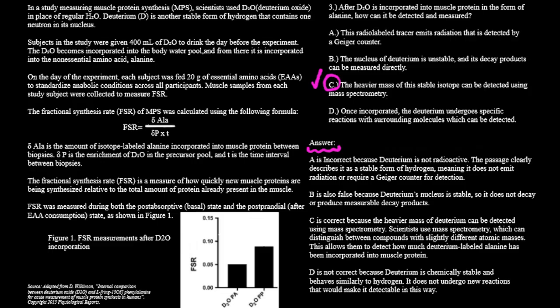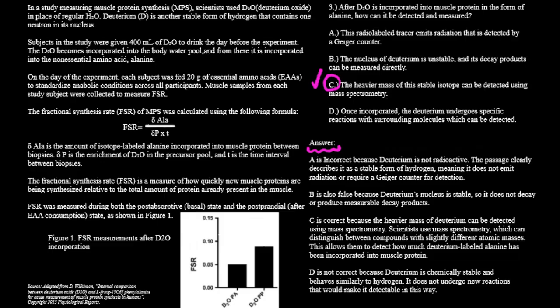Answer choice B states that the nucleus of deuterium is unstable and its decay product can be measured directly. This is not correct for the same reason as A. Deuterium is a stable isotope of hydrogen and does not undergo nuclear reactions in this study.